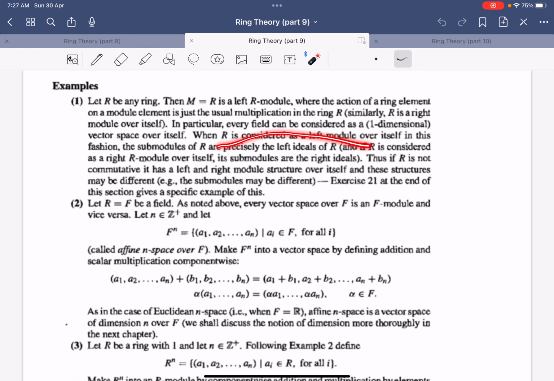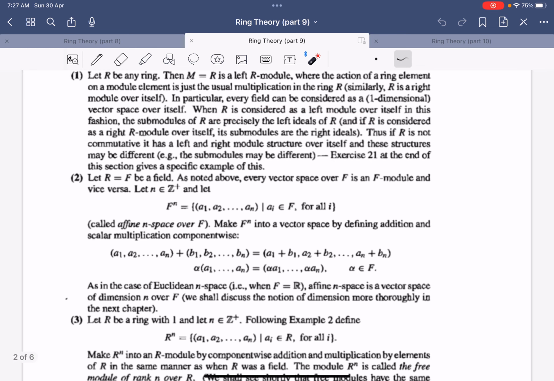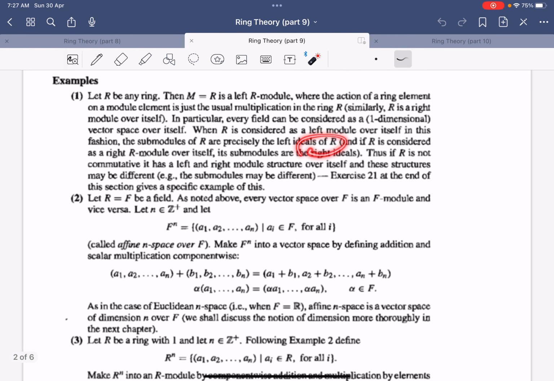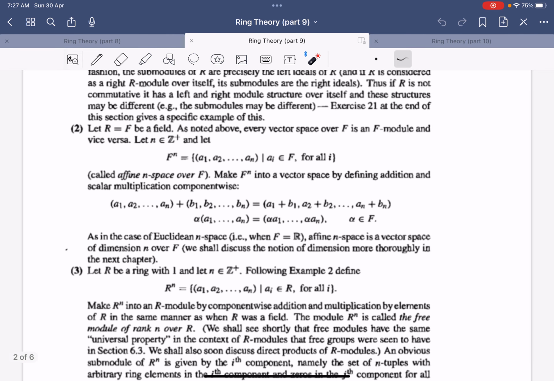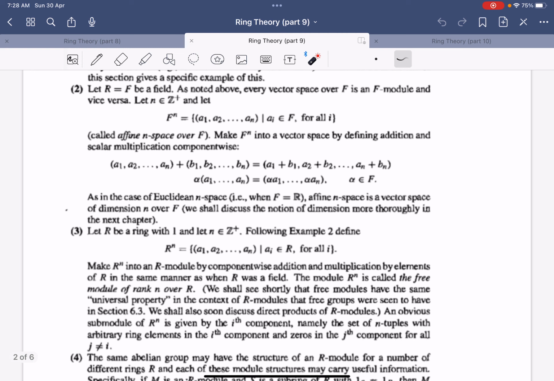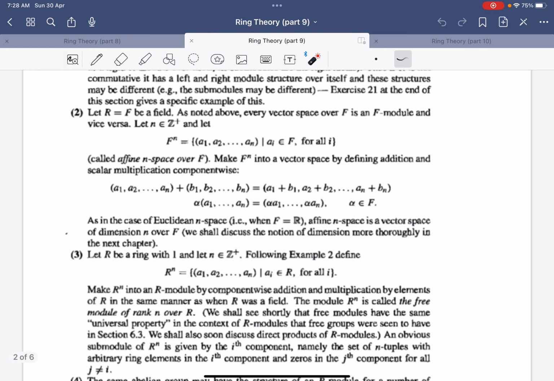So R can be considered a left module over itself, and the submodules are the left ideals of R, because you want it to be closed under your action. And if we let F be a field, then the vector space will be a module, and the submodules are of course the subspaces.